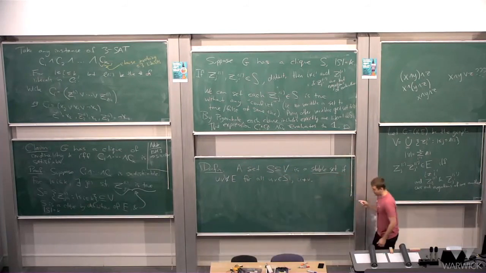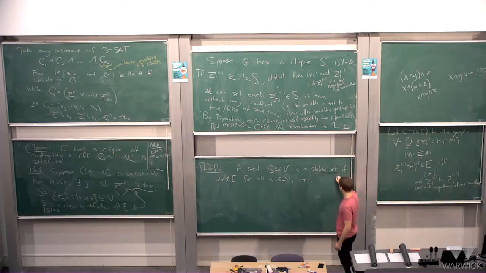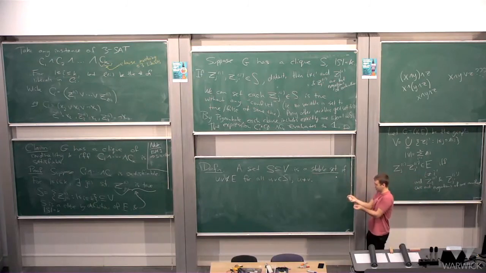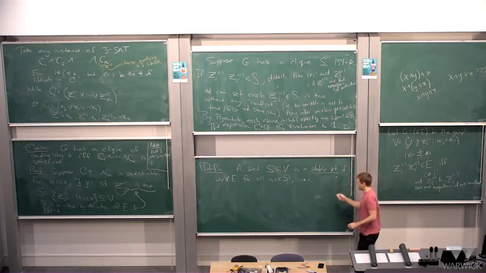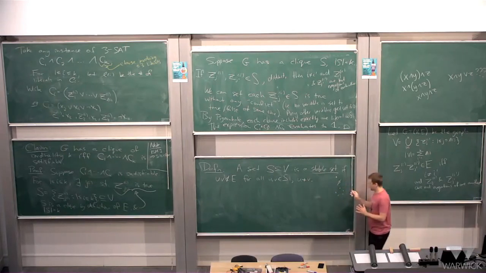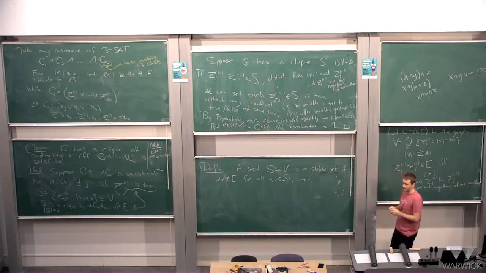So this is kind of a weird thing, right? But a single vertex is going to be a stable set, because if I pick two distinct vertices in a single element set, they're not adjacent, but that's just because you can't pick two distinct vertices. So a single vertex is a stable set, the empty set is a stable set, and if you take a set of vertices and you don't put any edges, that's a stable set.